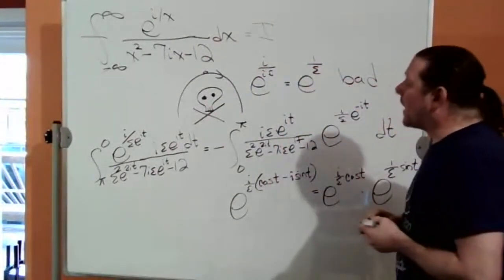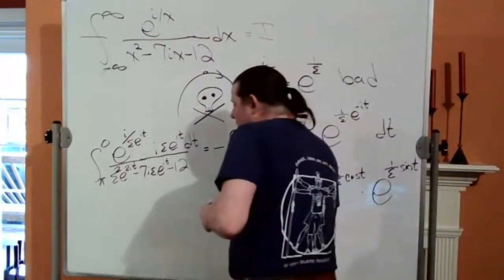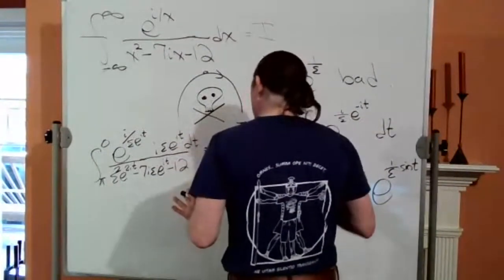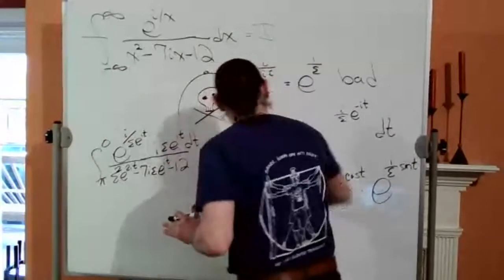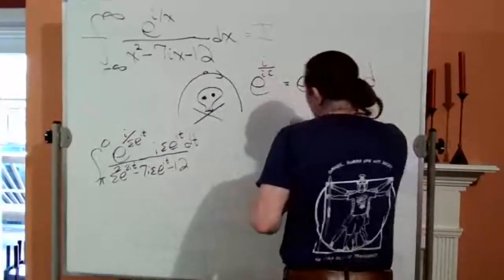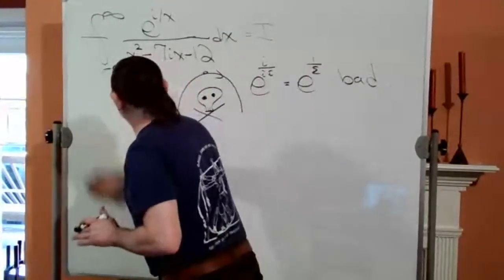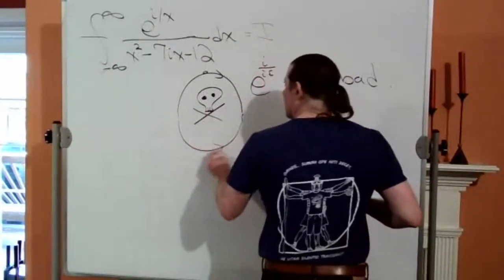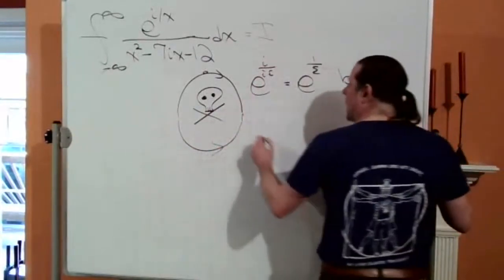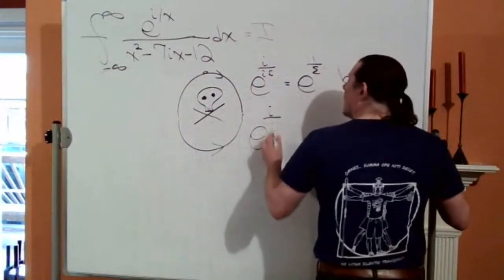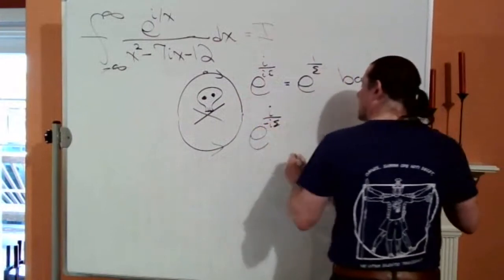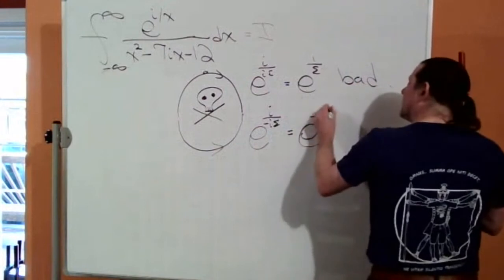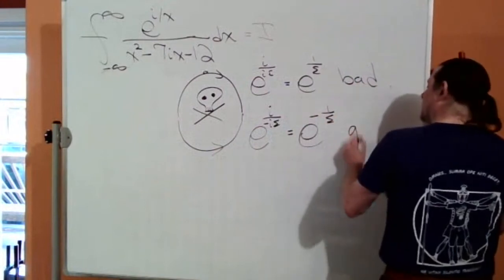Okay? What about if I went underneath instead? If I went underneath, then, thinking about it the easy way, you could also do the long way if you wanted to. But thinking about it the easy way, i over minus i epsilon, e to the minus 1 over epsilon.